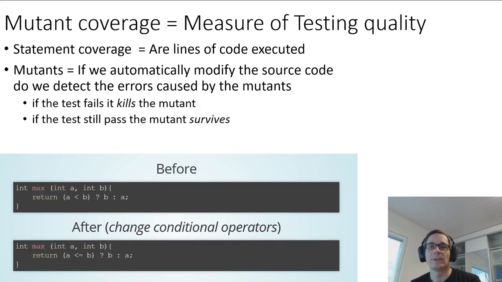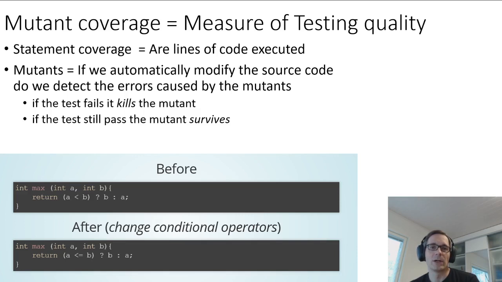So think about that for a while. We make automatic modifications to the program source code. After the automatic modifications, we run all the tests. If the tests fail, then they have killed the mutant.